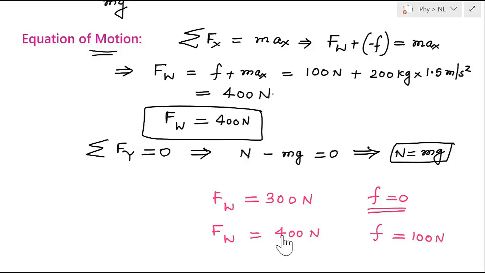This makes sense. If friction is present, the wind has to apply more force, because some of the force applied by the wind is resisted by the friction. And how much is this resistance? This much resistance is 100 Newton, and that's why the difference between these two forces is 100 Newton. So you see, if you have friction, the wind has to apply more force.